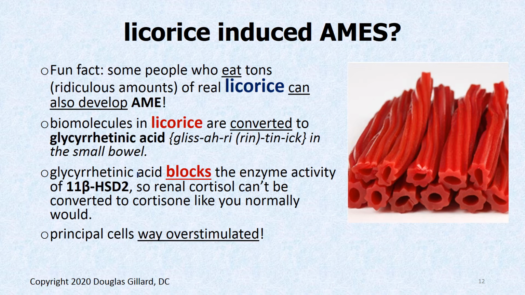Glycyrrhetinic acid blocks the enzyme activity of 11-beta HSD2. So it shuts off 11-beta HSD2. Well, that's what soaks up the cortisol and turns the cortisol into cortisone, and that's what saves the principal cells from being affected by cortisol.